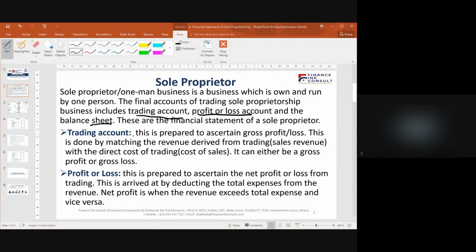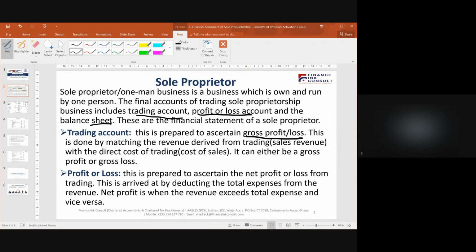Now, the trading account is prepared to ascertain the gross profit or the gross loss. And this is done by matching the revenue derived from trading. So if we are into trading, our revenue will be coming from what? Our sales. So we'll be matching our sales against our direct cost of trading.